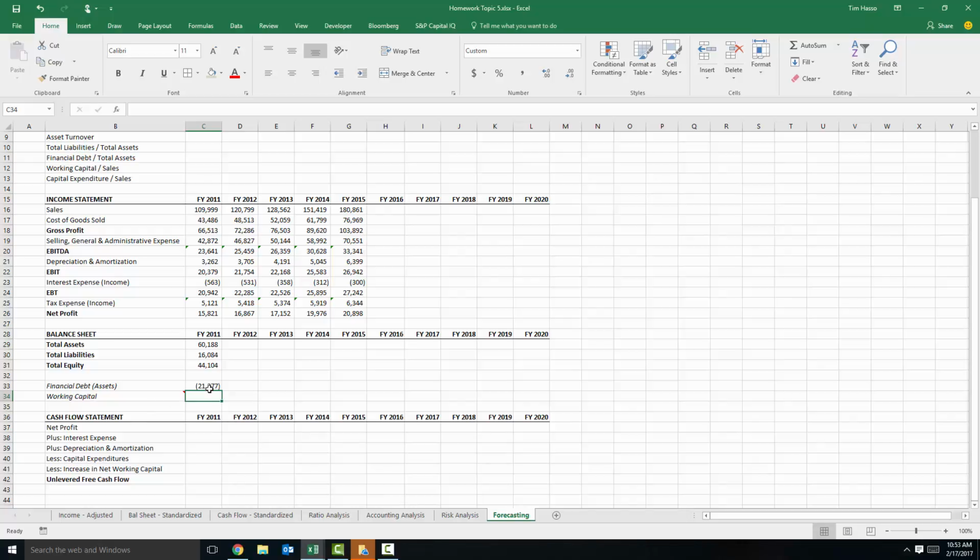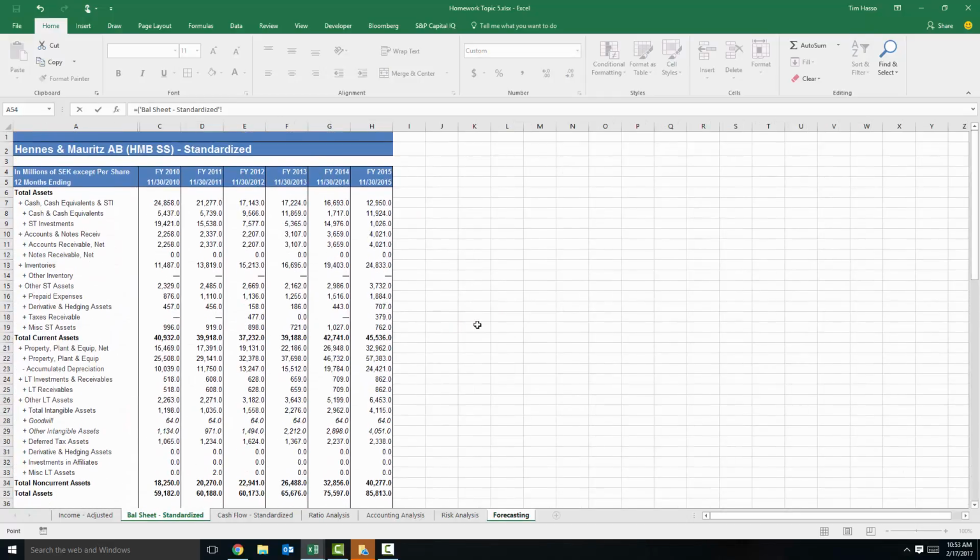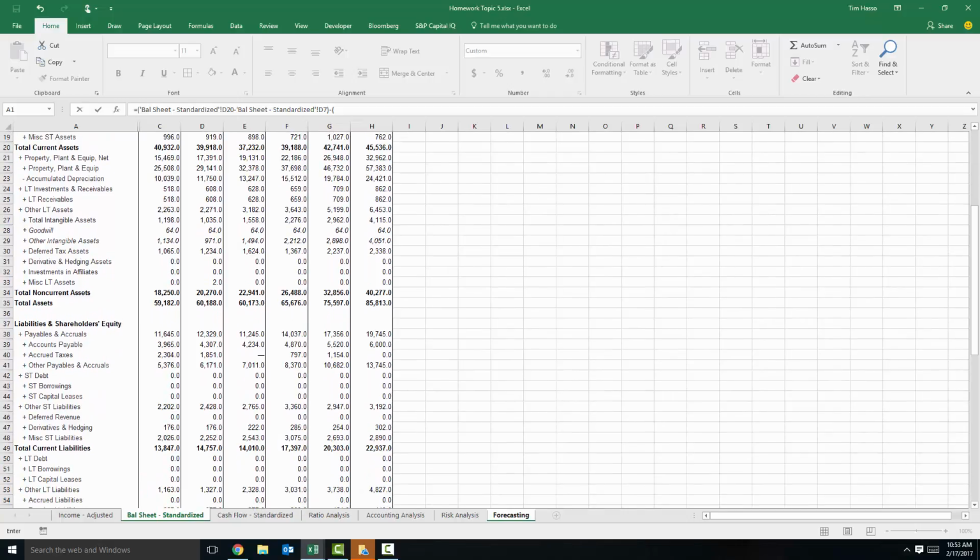So in order to calculate this, we need to say equals, and then we're going to open up a bracket. We're going to go to the balance sheet. We're going to find our total current assets in 2011, subtract the cash and cash equivalents, so in cell D7, close the bracket, and then subtract that, open up the bracket, take our total current liabilities in cell D49, and subtract the short-term debt.